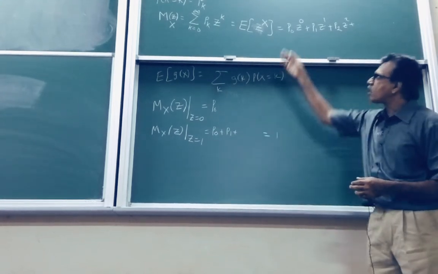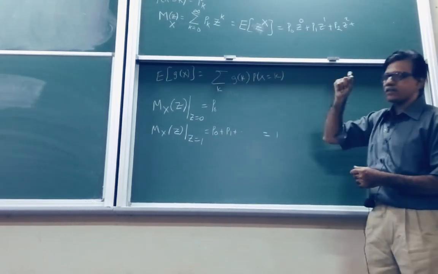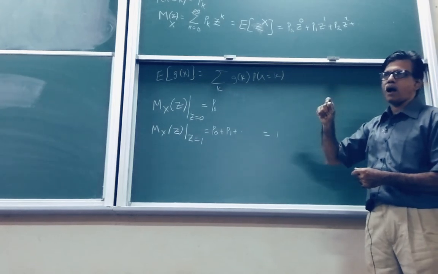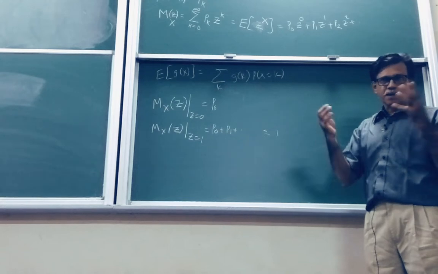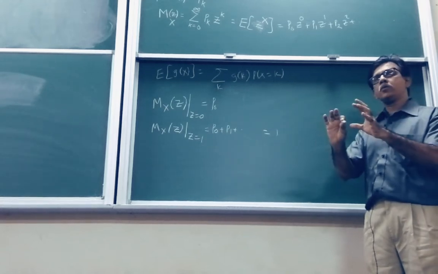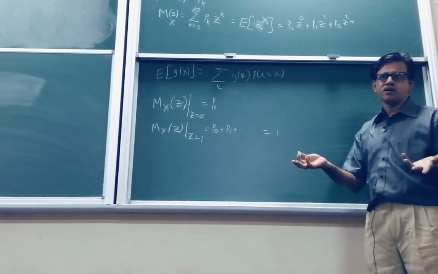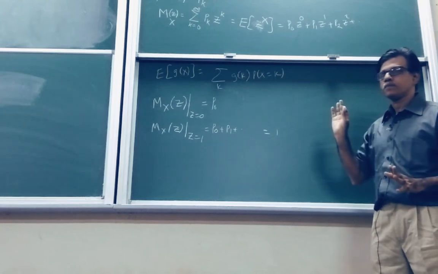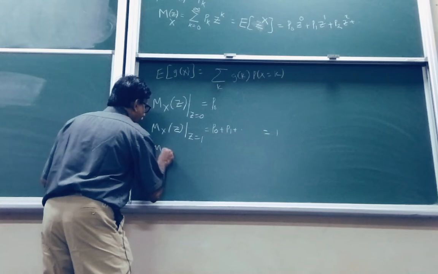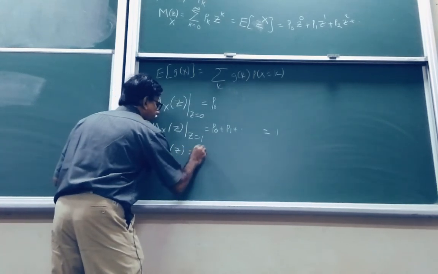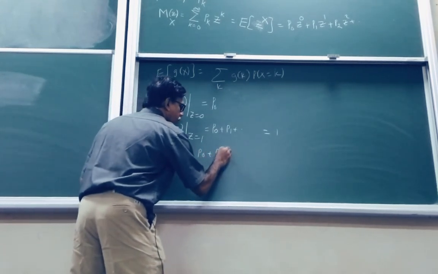So instead, if you have a compact formula and can extract the probability whenever you want, it will be useful. You need some compact form, but you should be able to generate probabilities out of it. That is the probability generation. So we will again see how we get M_X of z is P naught plus P1 z.